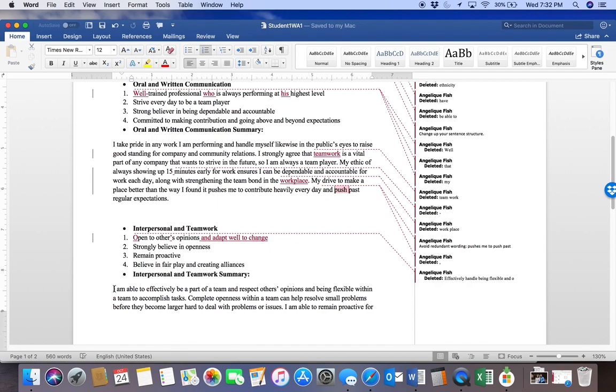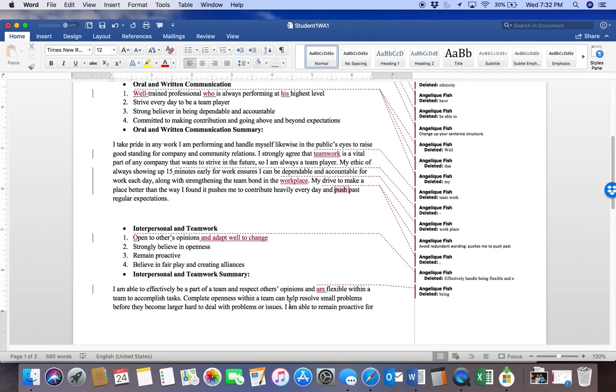And then I am able to being flexible. So I am able to effectively be part of a team and respect others' opinions, and you can change this to am flexible within a team to accomplish tasks. So that way it is parallel.